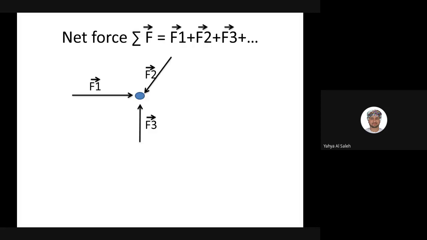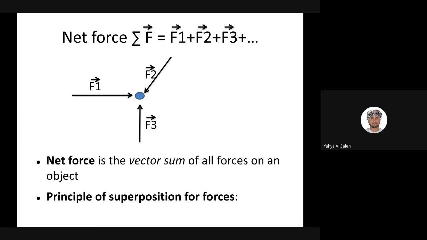And that, we say, is the principle of superposition of forces. That is, we look at the net force, the sum of all forces. We take the vector sum of all the forces on an object to see how it is going to react. Now, if I have something with F1, F2, F3, I can either add it with the head to tail method or using components, and find out what is the resultant force.